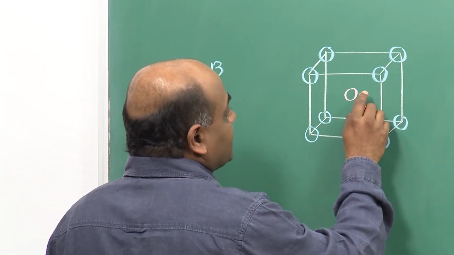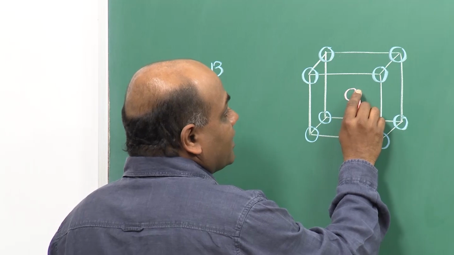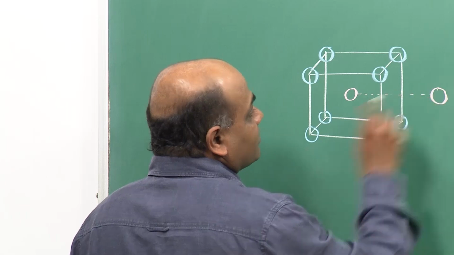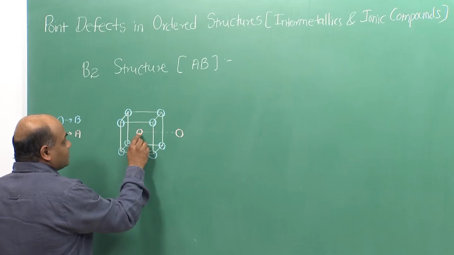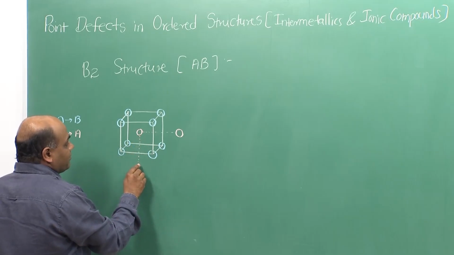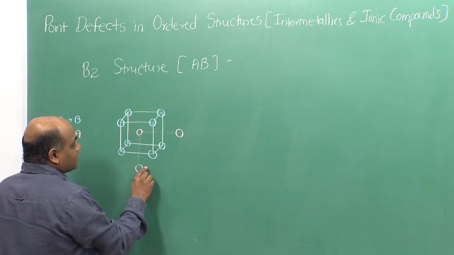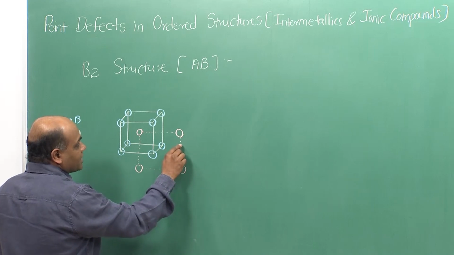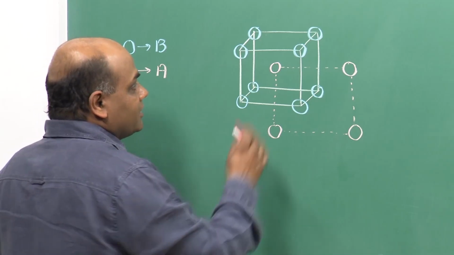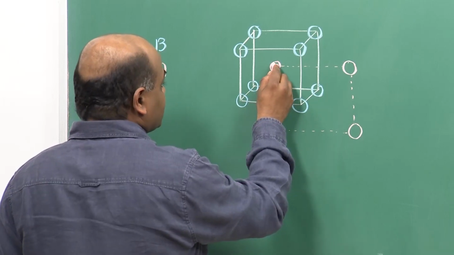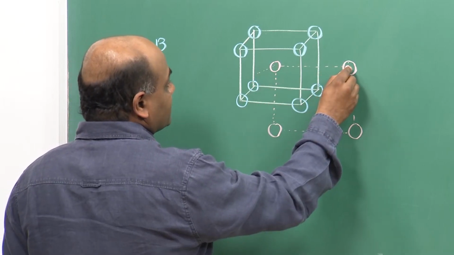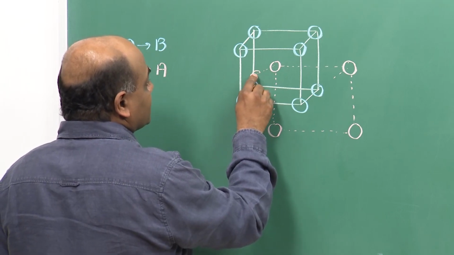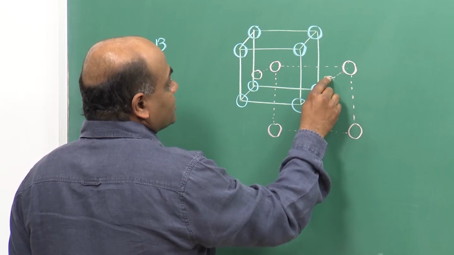If we imagine one cube on the right side of this one, the type A atom will be at the body center of it, then one cube below this one, and one cube below the cube on the right side, and then you can imagine similar 4 cubes placed in front and see the body centers of those.